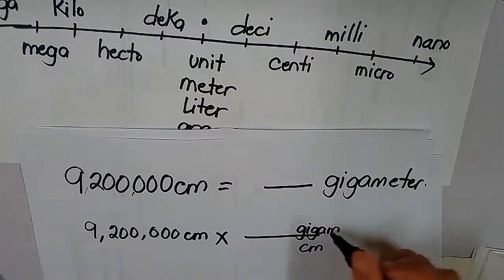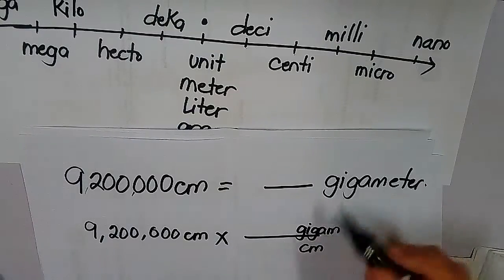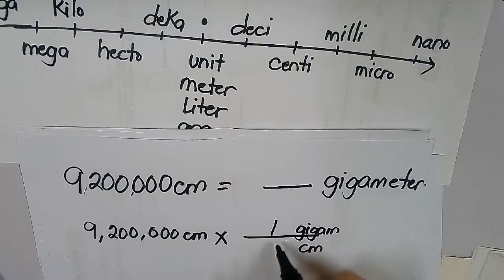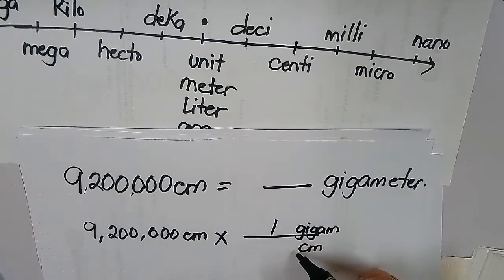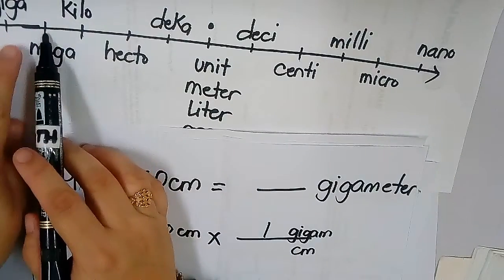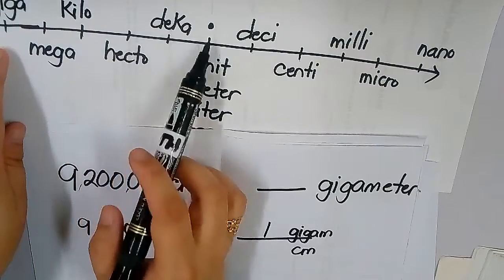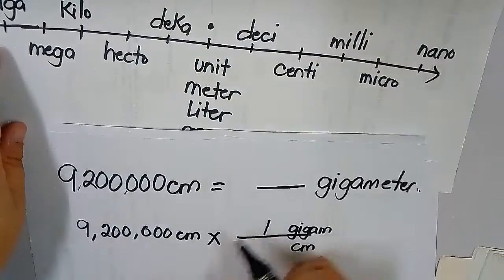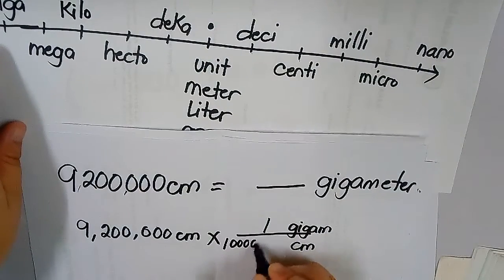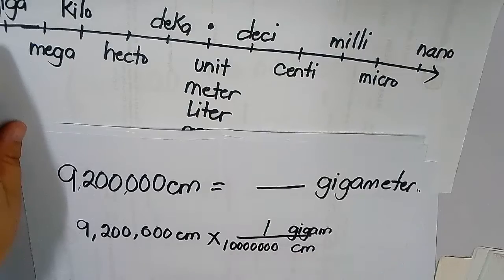So, sino mas malaki sa kanila? Si Giga or si Centi? Ito si Giga, kaya yan lalagyan natin ng 1. Tapos, bilangin natin kung ilang zeros mayroon papunta dito kay Centi from the number line. So, 1, 2, 3, 4, 5, 6, 7. So, may 7 na 0. Okay?